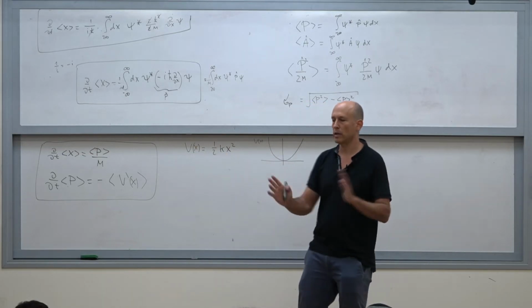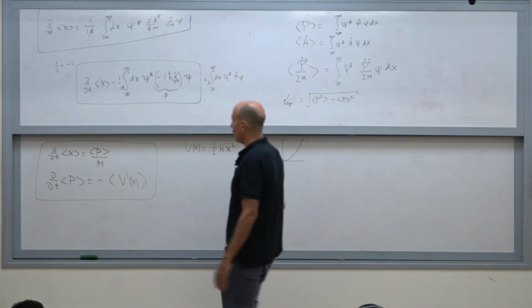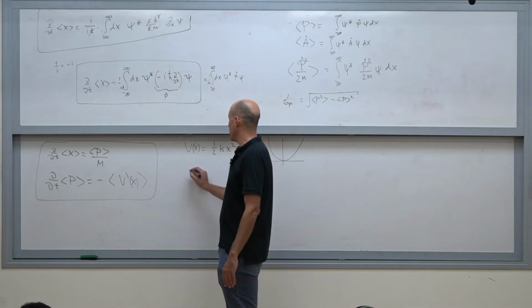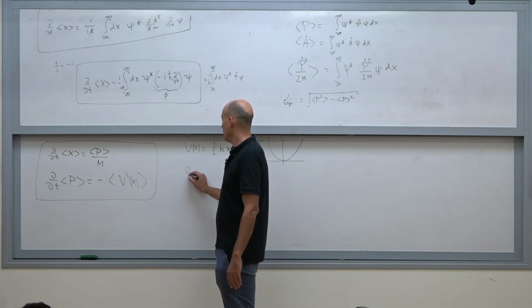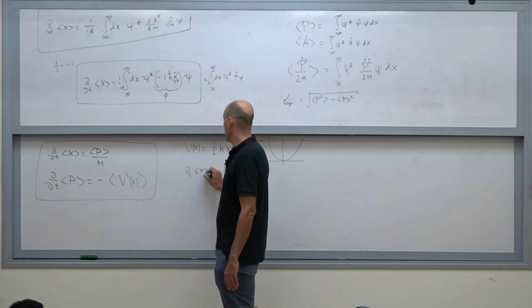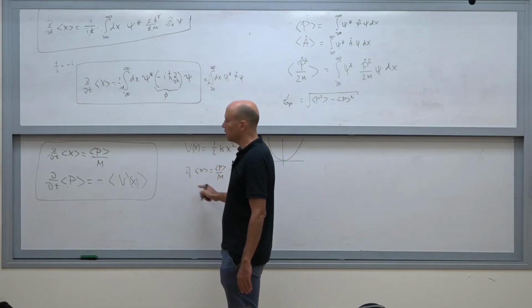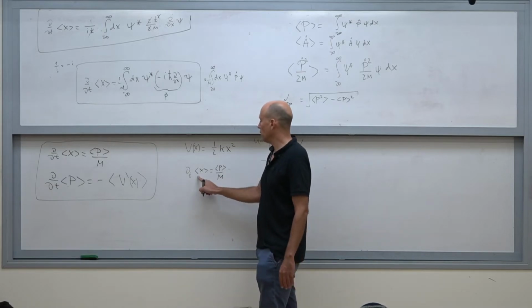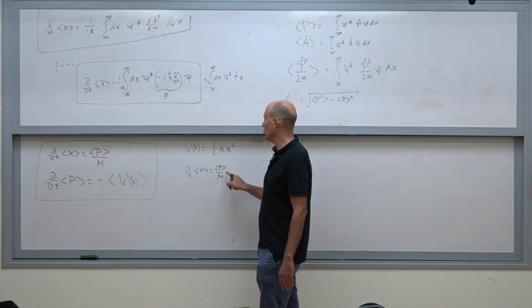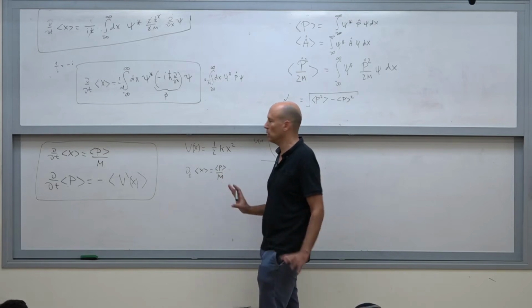You studied this in high school. Okay, so let us use this equation. Then I have the derivative in time of x is P over M. Well, that's simply the definition of velocity. The velocity is momentum over M. That is like classical.